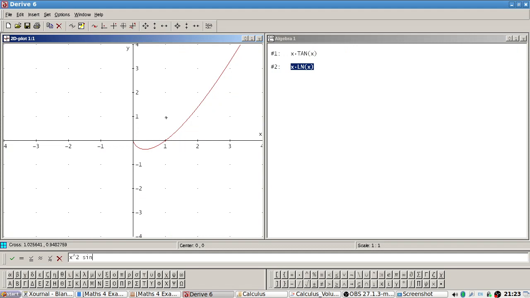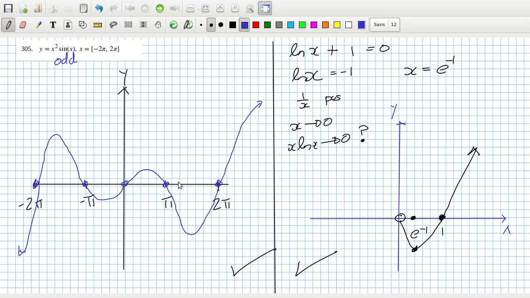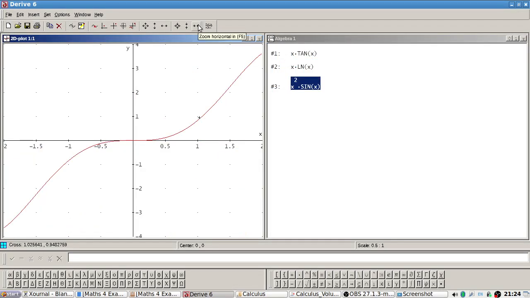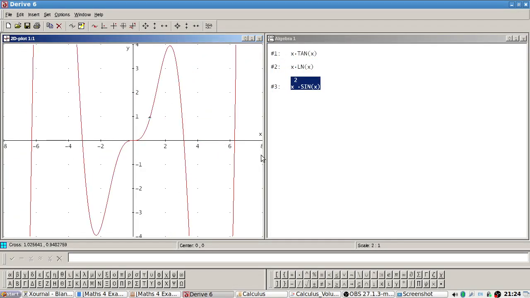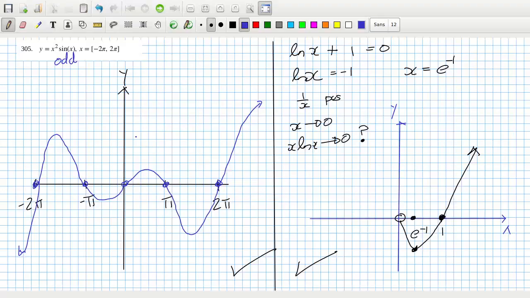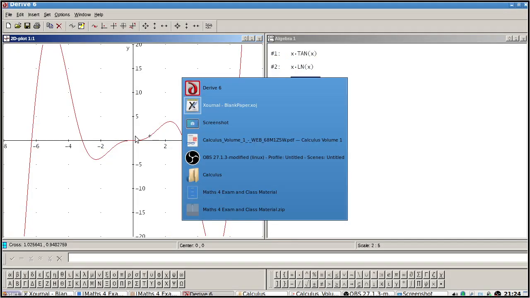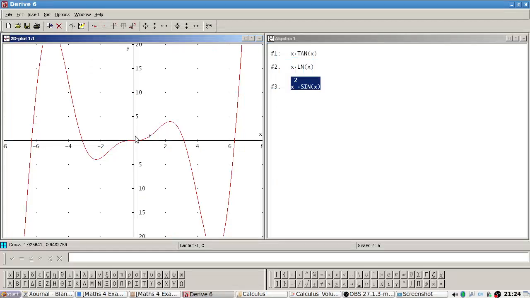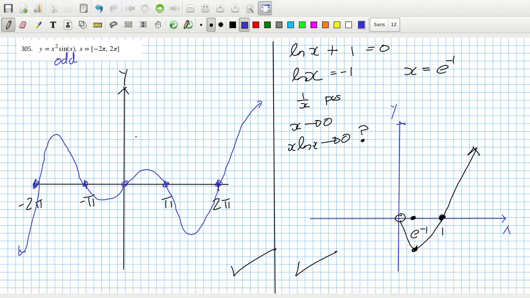X squared sine x. So let me just... Yep. You know, that ain't too bad for a freehand sketch.